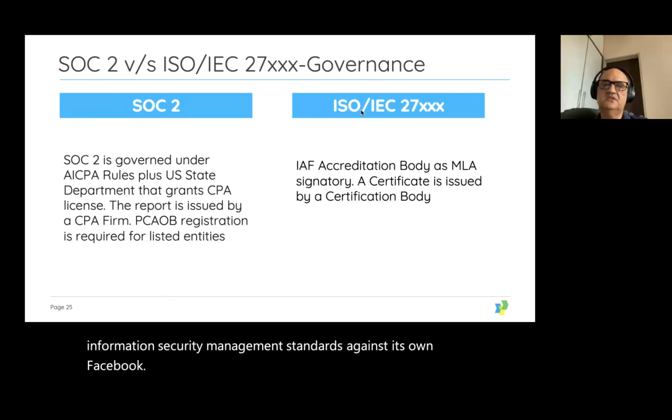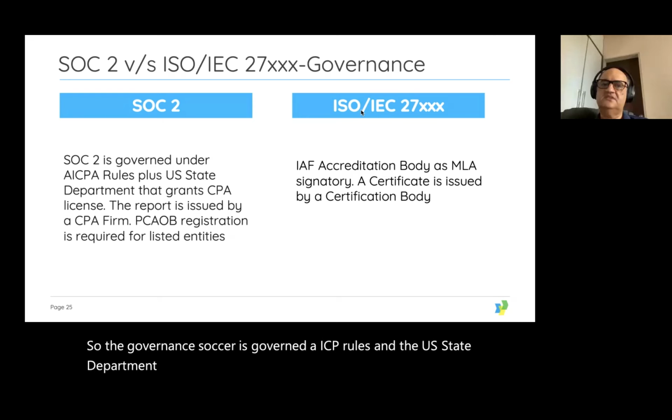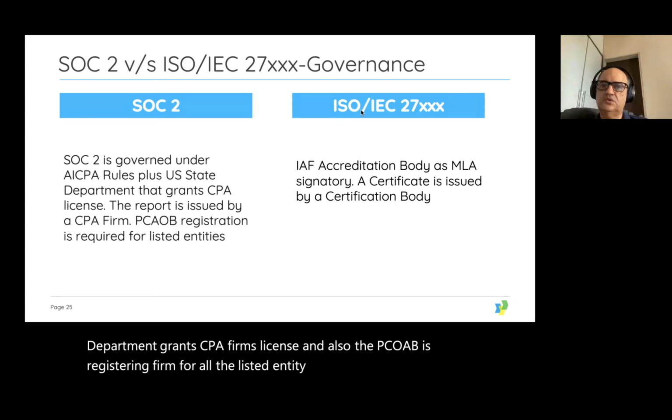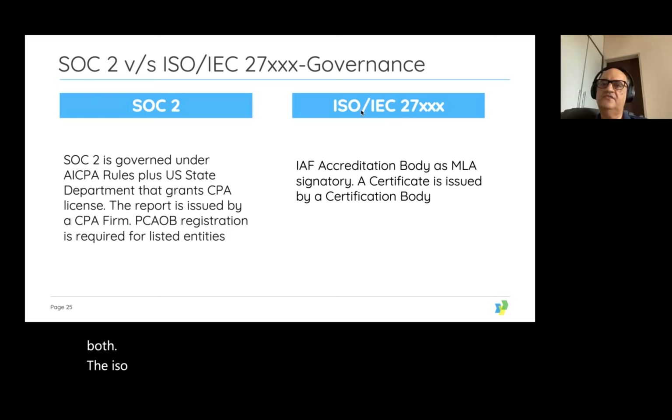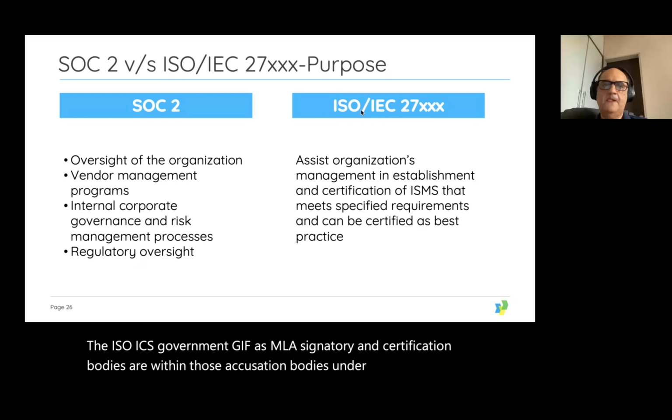On governance, SOC 2 is governed under the AICPA rules, and the US State Department grants the CPA firm a license. Also the PCAOB is the registering body for all listed entity audits, including SOC 1 and SOC 2. ISO IEC is governed under the IAF MLA signatory, and certification bodies are within those accreditation bodies under the MLA signatories.